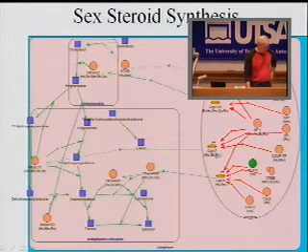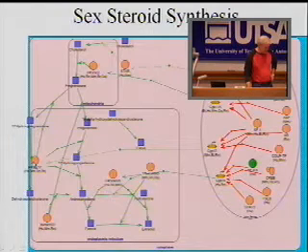So here's that CYP17. If we follow it out to here, we see that it can act on various levels of the biosynthetic process of relevance.